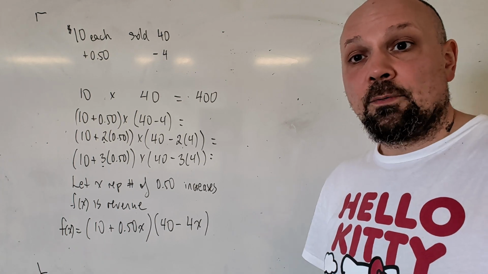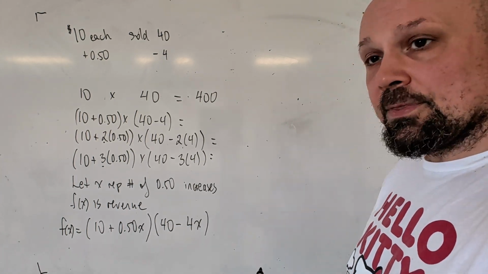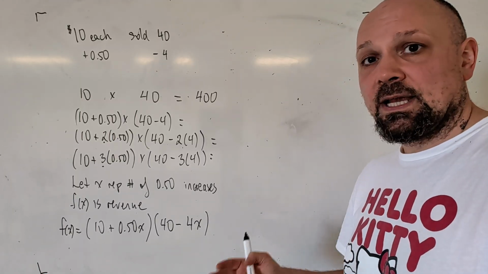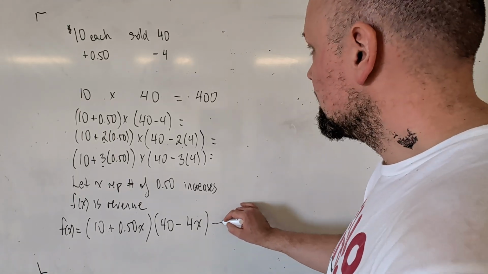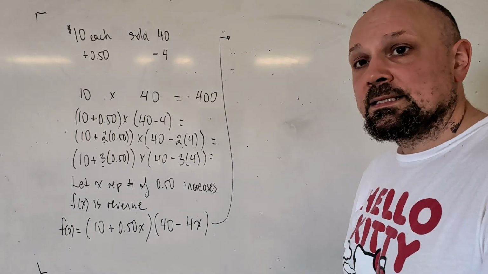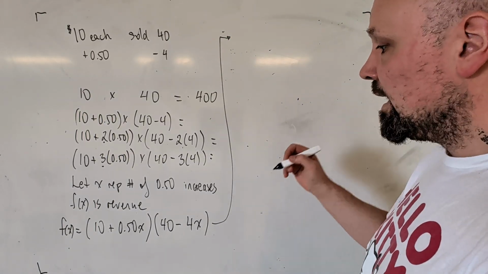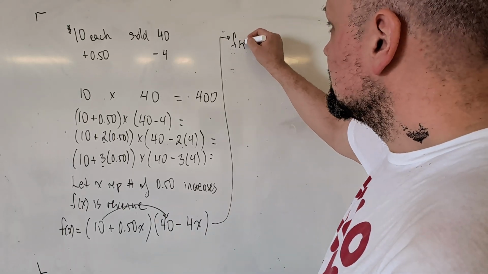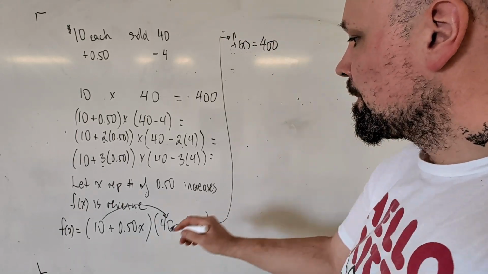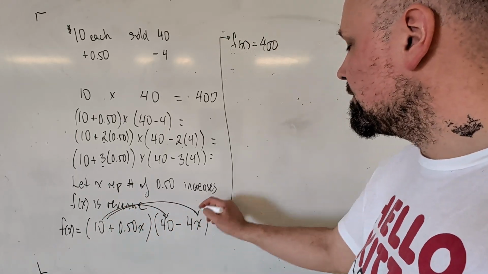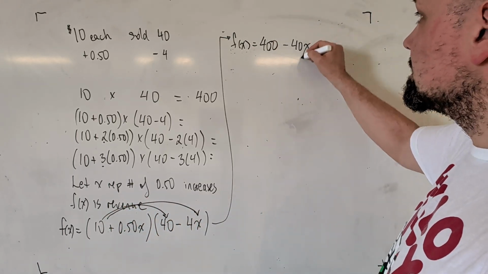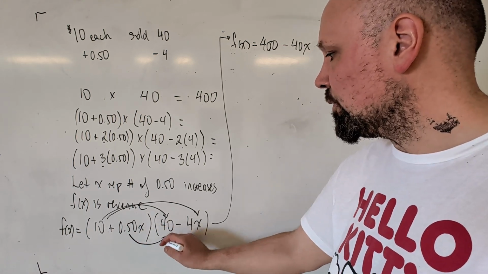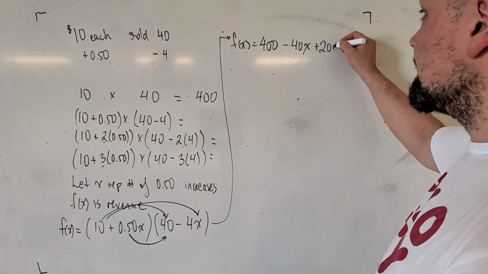Okay, so now if I want to maximize this function, the first thing I want to do is simplify it a little bit, and then I'll change it to vertex form. To simplify this function, I'm going to expand it out. 10 times 40 is 400. 10 times negative 4 is minus 40x. 0.50 times 40 is plus 20x.